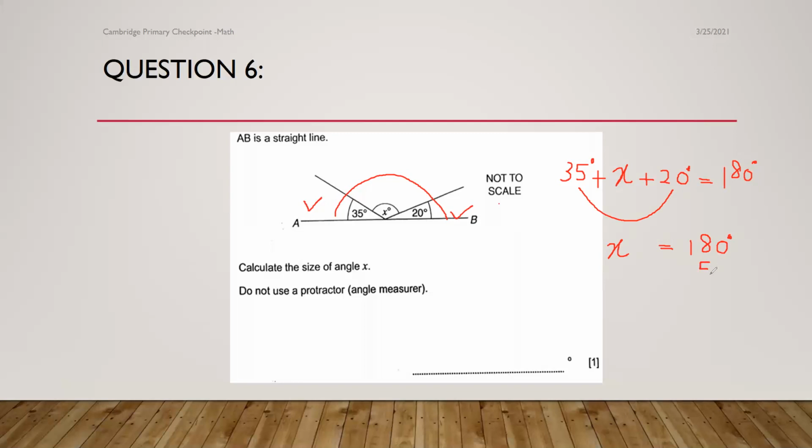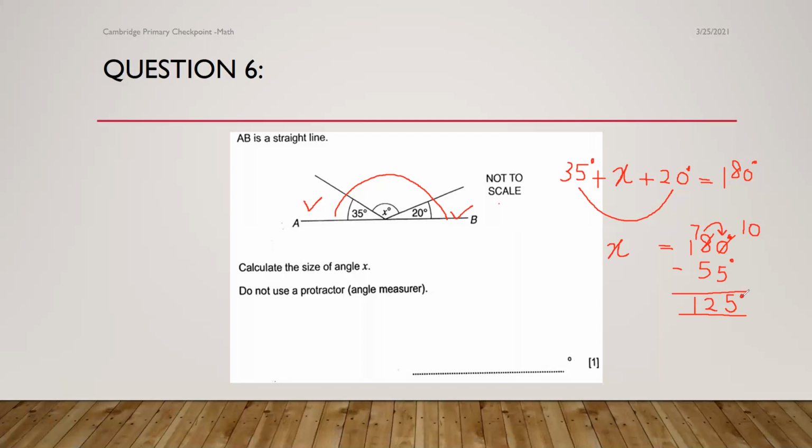So then 35 plus 20 we got as 55. Now I'm going to subtract. Here even you have to borrow and subtract. So now when you borrow, this will become 10. And this 8 will become 7 now. Then 10 minus 5, it's 5. 7 minus 5, it's 2 and 1.